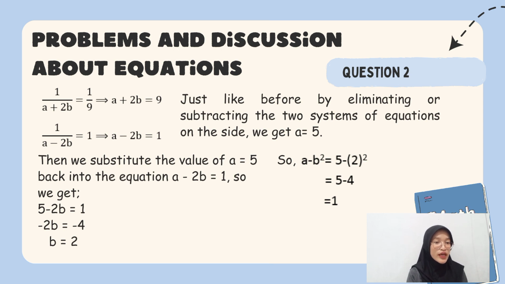Minus 2b equals minus 4, b equals 2. So the value of a minus b squared equals 5 minus 2 squared. So we get 5 minus 4, and the value is 1. So a minus b squared is 1.